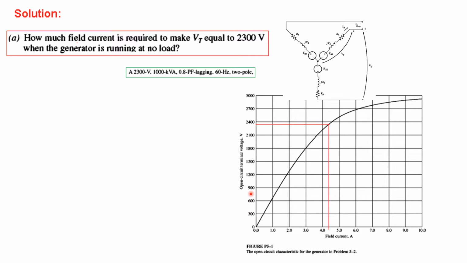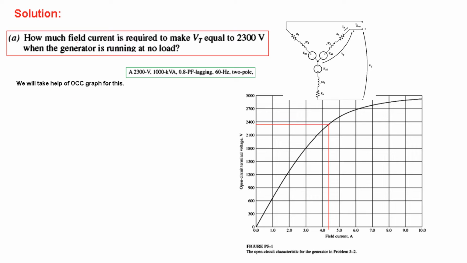Open circuit terminal voltage is plotted here, and the field current is plotted here, and this is the data given. This is the terminal voltage, or line to line voltage. This is the power factor, the frequency and 2 poles.